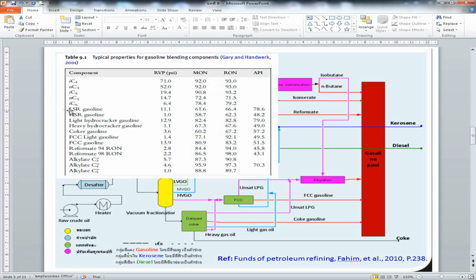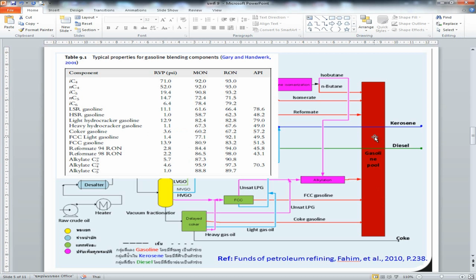For example, you can see that LSR gasoline will be a little bit high in terms of RVP but low in terms of octane number. But when we look at the alkylate, we do have low RVP but high octane number. So the combination of these is what we get in the gasoline pool.